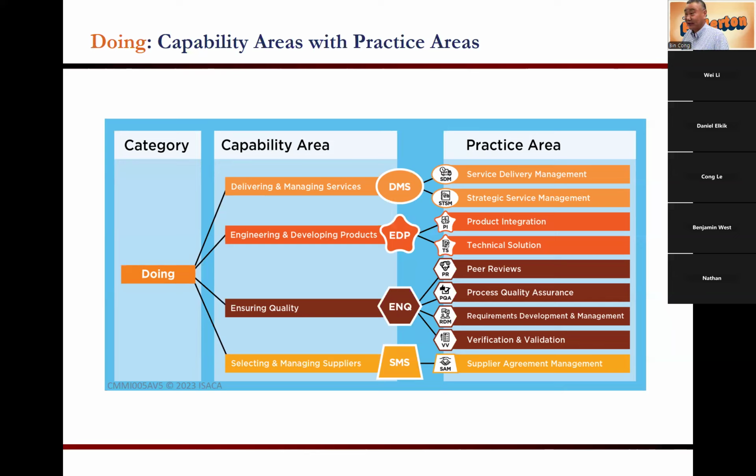Create value for the customer. If you don't understand requirements, you don't understand what the user needs, whatever you do is useless. No value, no quality. Quality is not just about defects. I could have defects, but my product generates value for a customer. Great. Acceptance test, 0 defects, but no one likes your feature. No quality.